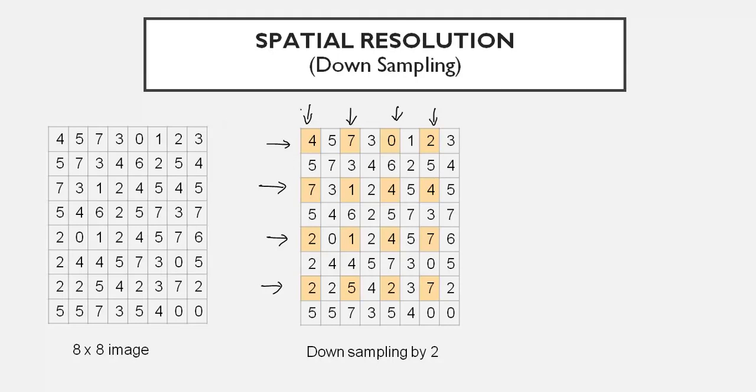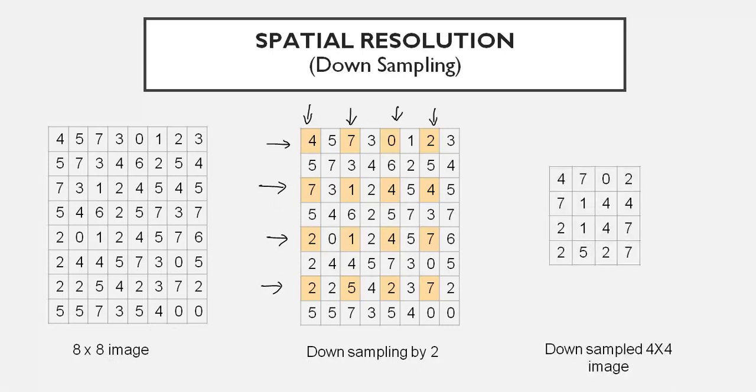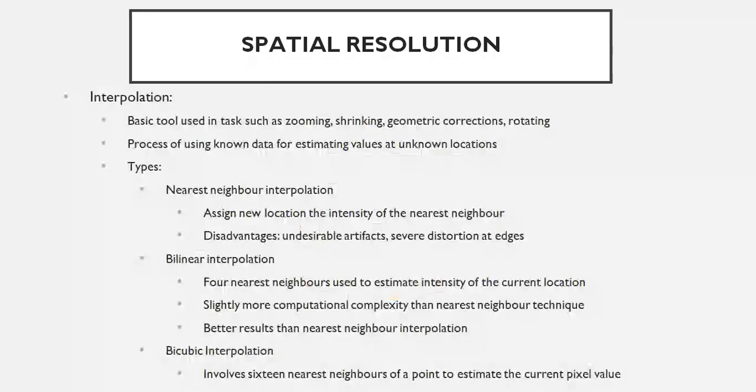Okay, so because we are going to downsample the image by 2, the 8 cross 8 image will now become a 4 cross 4 image, and we have selected alternate rows and alternate columns to downsample the image by 2. So this will be the image obtained after downsampling by 2. As mentioned, all the pixels which are highlighted are retained in the new image. So this technique is called downsampling, or reducing the spatial resolution.